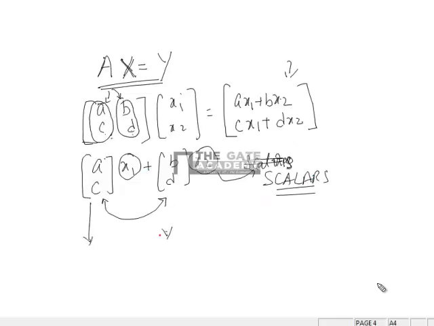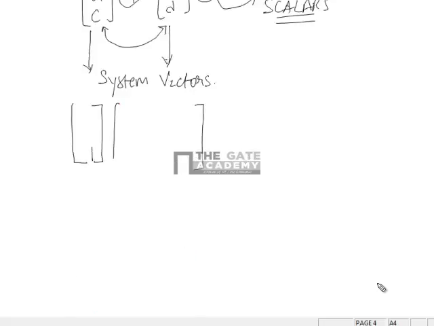They are the system vectors. Correct? The system itself is made of many vectors. Suppose I write a system, the system itself is made up of many vectors like this. Correct? Can I say this?